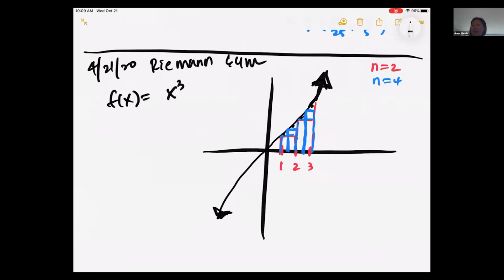My estimate gets better because I have more rectangles. So can somebody guess? If I draw rectangles to be, say, 8, am I going to have a better estimate? Approximation? Yes or no? All right, tell me somebody. If I draw 8 rectangles, am I going to have a better answer? Yes or no?